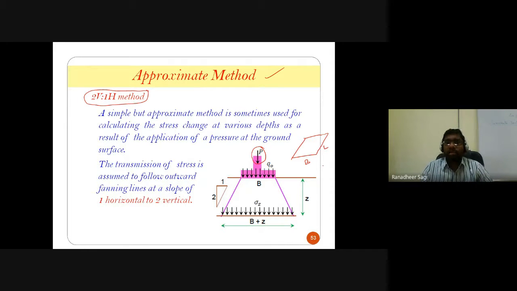But in this approximate method, we assume that the load coming from the foundation onto the soil is uniformly getting distributed. I repeat, it's uniformly getting distributed at a sloping ratio of 2 vertical to 1 horizontal. The slope at which the load is distributed into the deeper layers is 2:1.